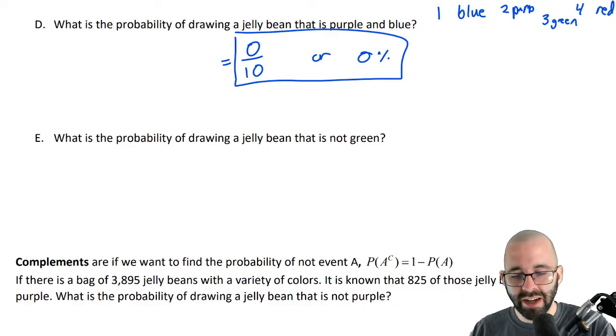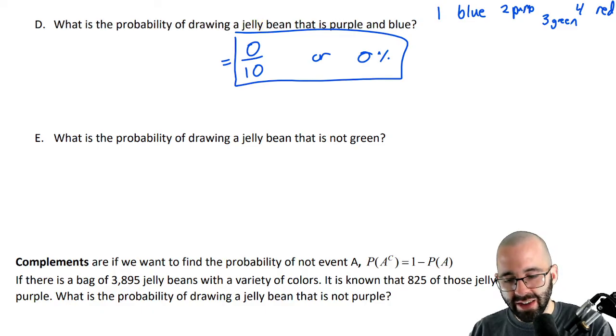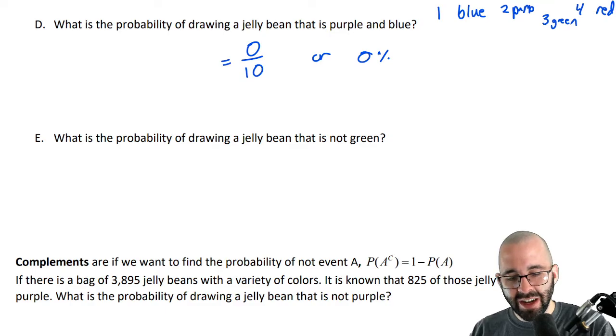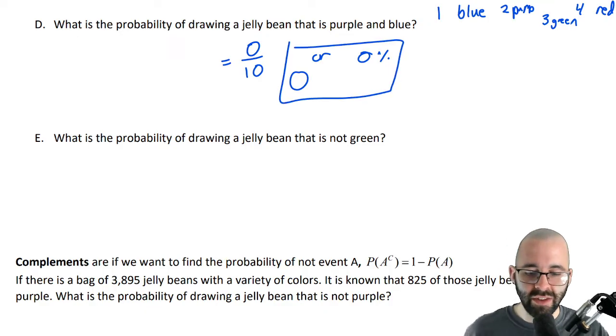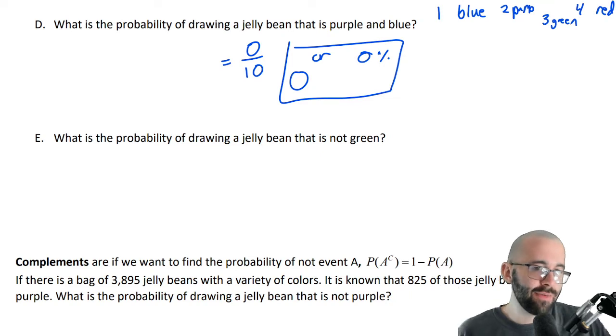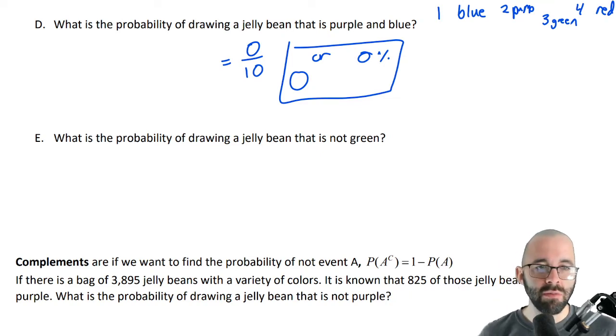This time, don't write 0 as your final answer. 0 out of 10, it's 0% or 0. That's our final answer. There's no probability of getting a jelly bean that's purple and blue because there's none in the bag. All right. There are no multicolored jelly beans here.